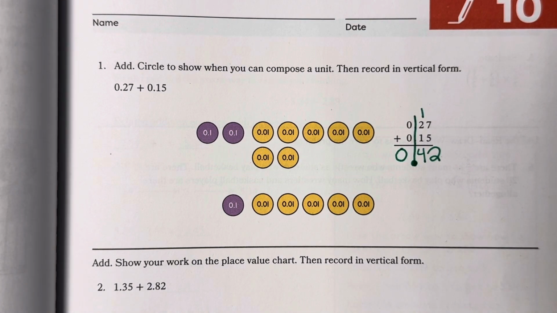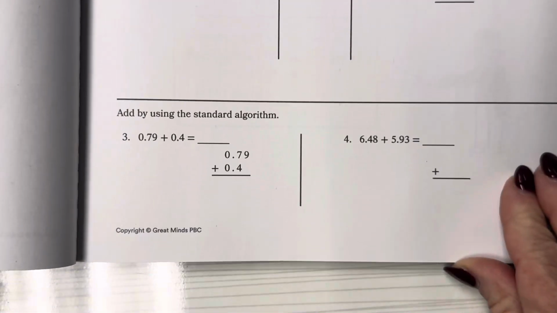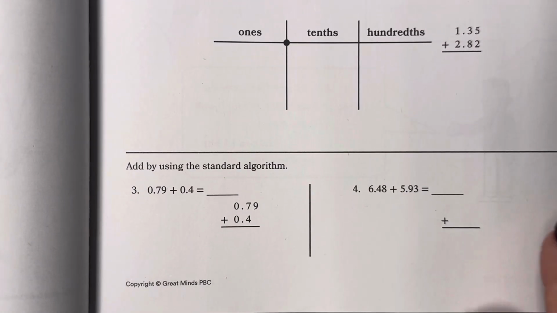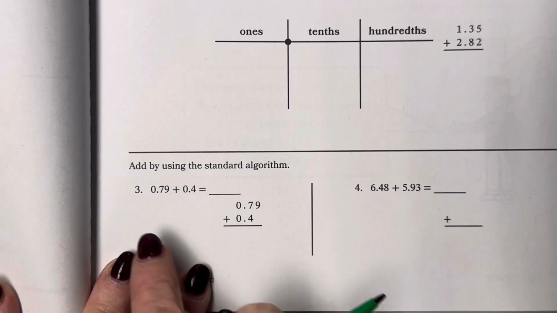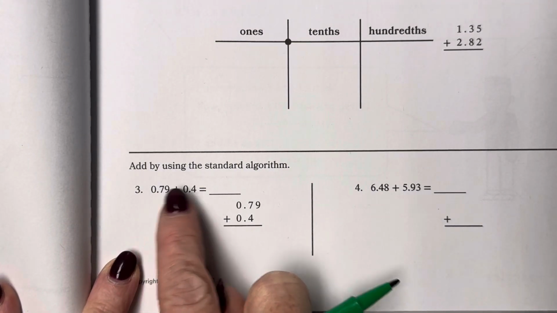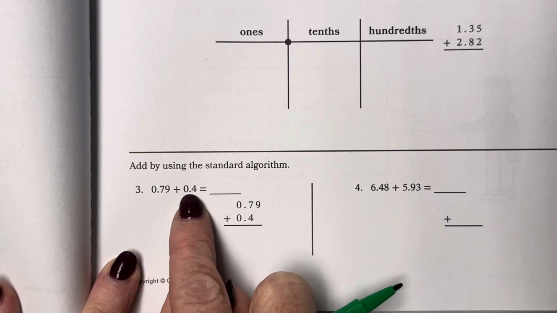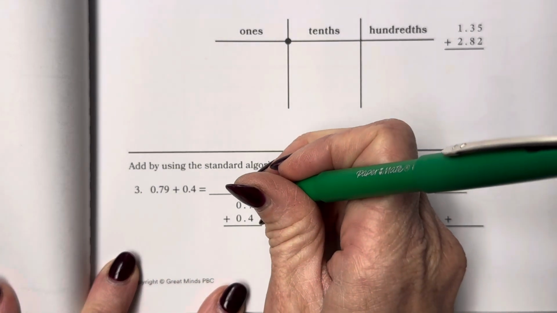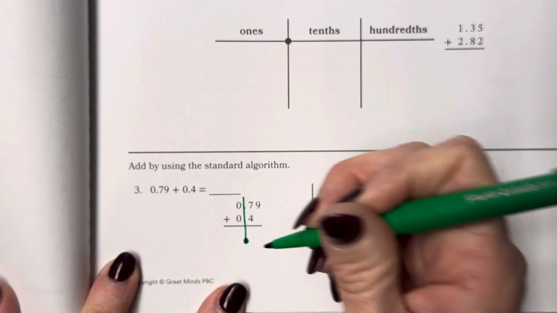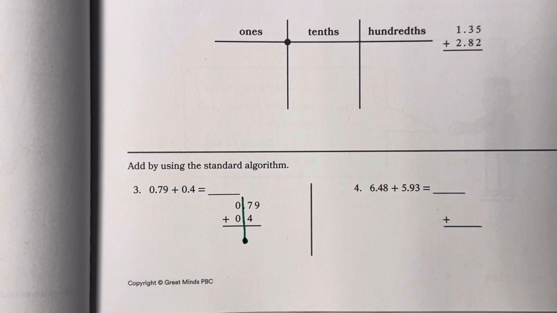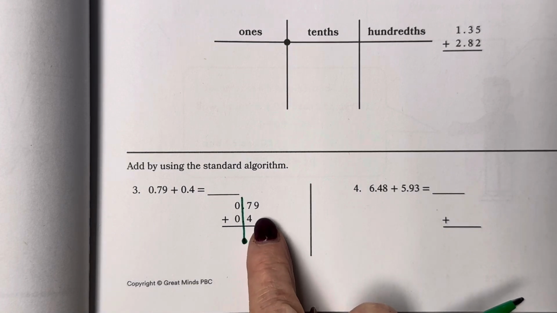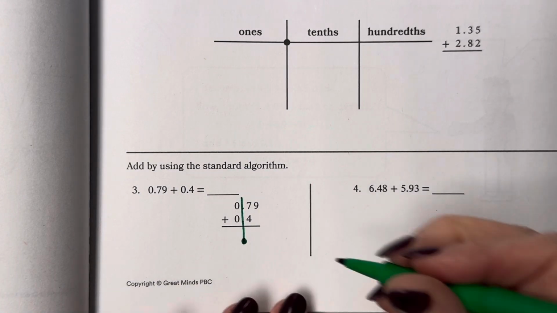Okay, we're going to skip down to number 3. Number 3 says add using the standard algorithm. So again, they both have decimals, so we don't need to add any decimals. They lined it up vertically, lining up the decimal. But notice in this one, there's kind of an empty spot. So this is where I would want to add my placeholder.